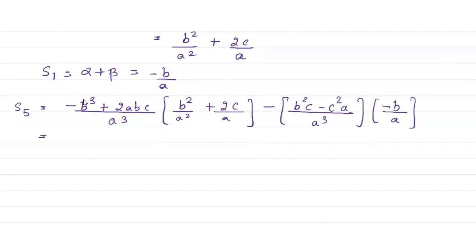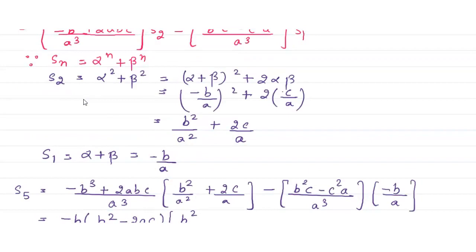Right, now if I take minus b common, it will become b square minus 2ac by a cube.